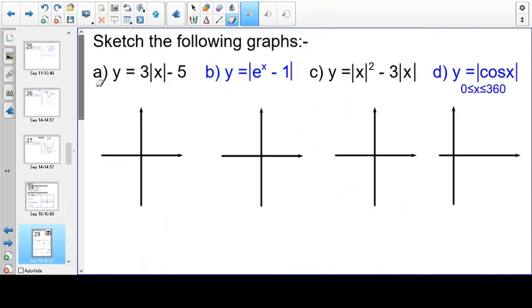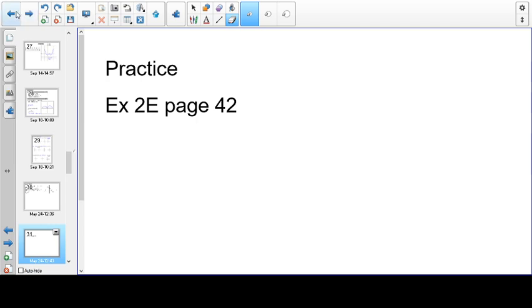Okay, but remember to do the actual graph in a faint pencil, and then adapt them for the modulus. Then once you've done that, I'd like you to have a go at exercise 2E. And so it's just sketching modulus functions. And that's the end of this video for modulus functions intro.